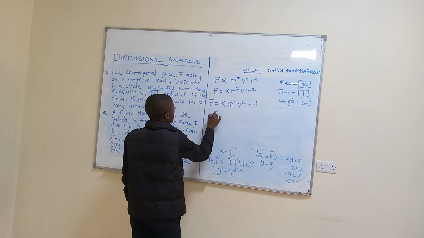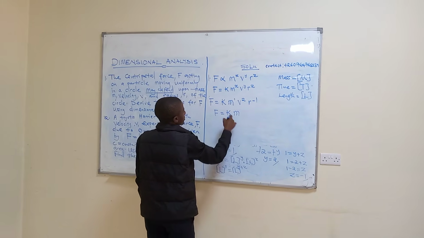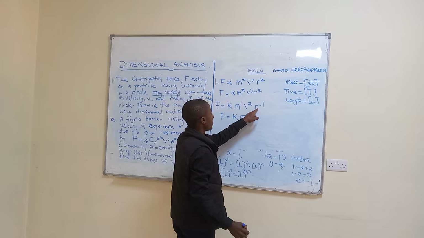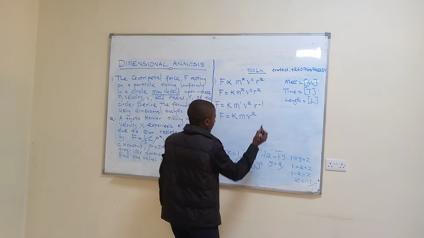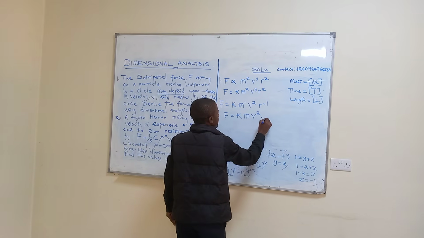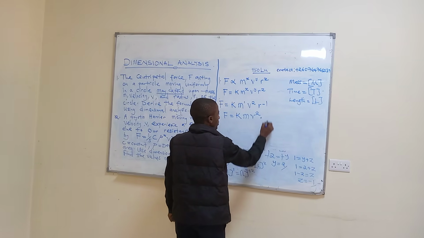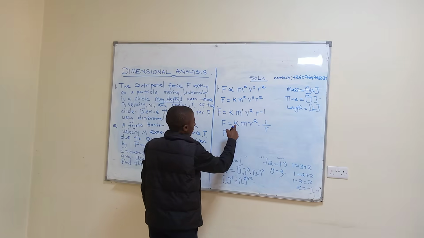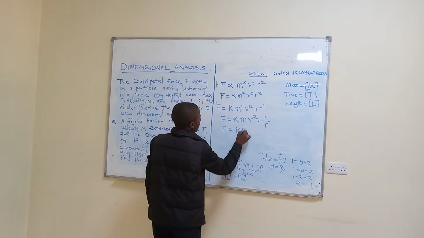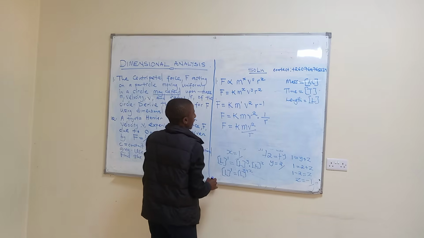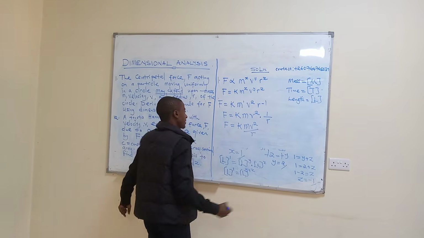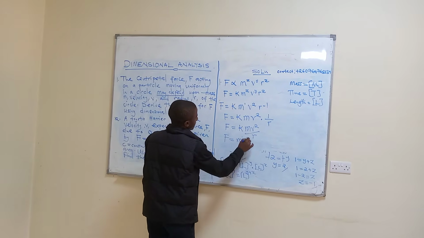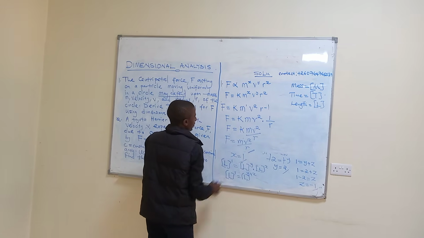M to power 1 is the same as writing M. Under rules of indices, to kill this negative, I should introduce 1 over r like that. So force is equal to constant times that, I get K m v squared over r. In most cases, my constant is 1. So the formula is F equals m v squared over r. This is the final answer for question 1.